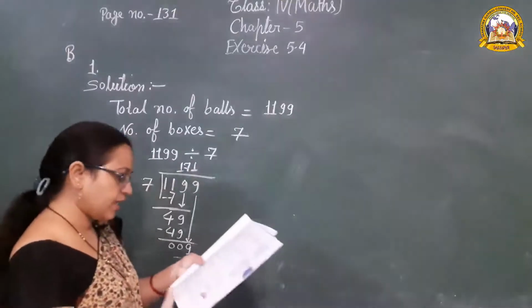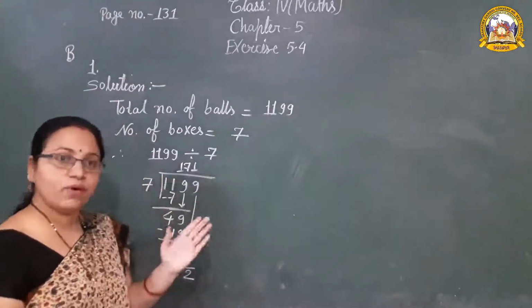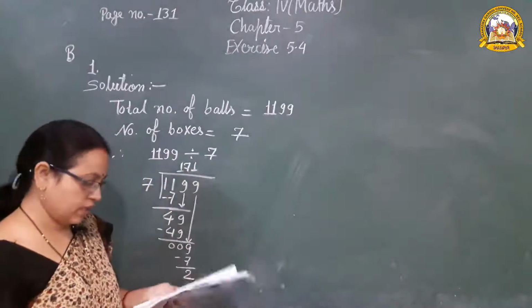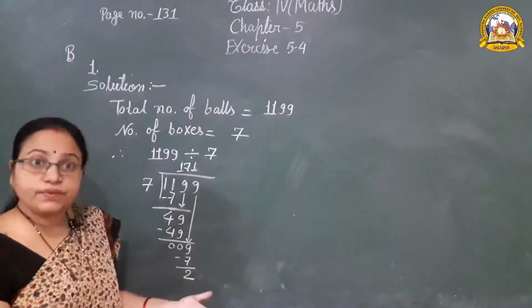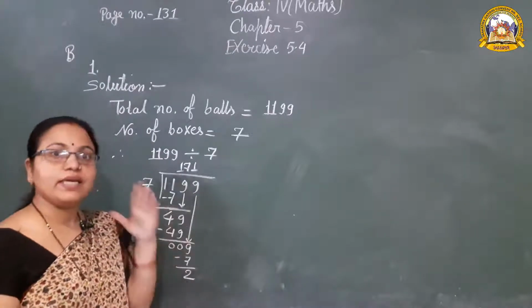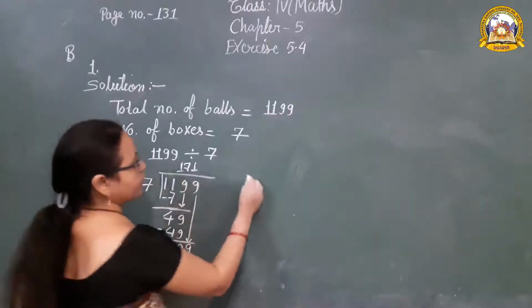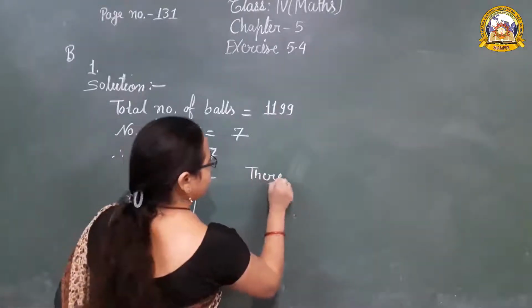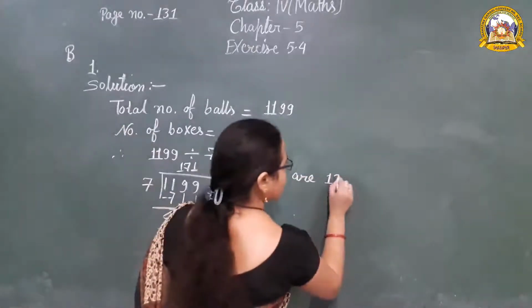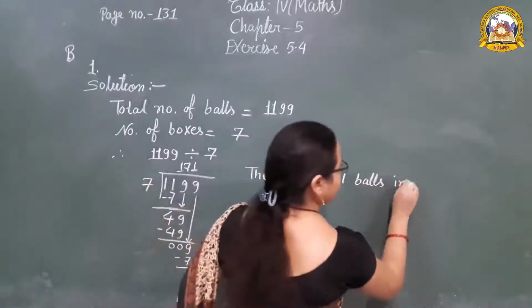Now what is the question asking? How many balls will be there in each box? 171 balls in each box. And how many balls will be left out? That is the remainder. So 2 balls will be left out. Okay. So we have to write as the answer, there are 171 balls in each box.